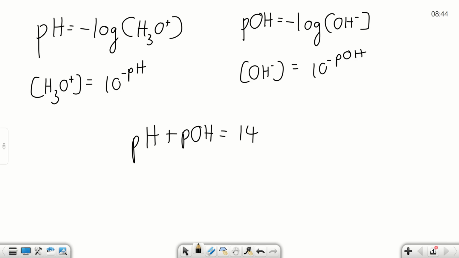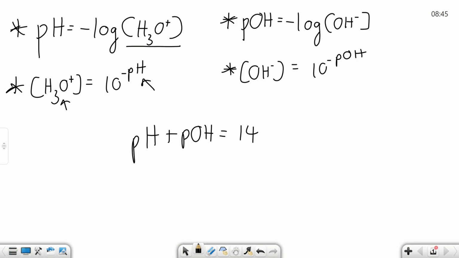So we started with H3O plus, solving for pH. Because I have this formula, I'm just plugging it into the formula. Then I gave you pH and I said solve for H3O plus, so we use this formula. Then we use this formula, then we use this formula. Okay? So if what you're given and what you're going to is in the same formula, use that formula and plug it on in.